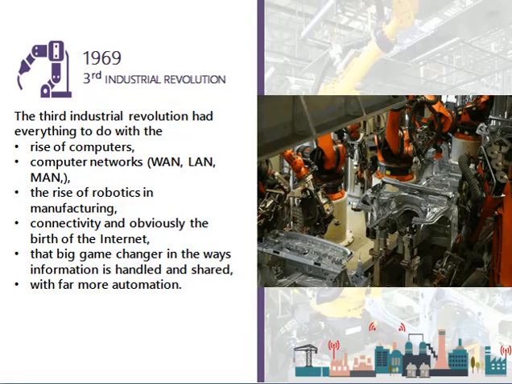Because of that, they invented something, and they took it for their particular process. The rise of robotics in the manufacturing process, they introduced the concept of robotics, numerical control systems, programmable logic controllers etc. And moreover they implemented the concept of automation.